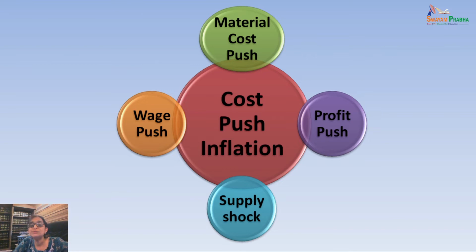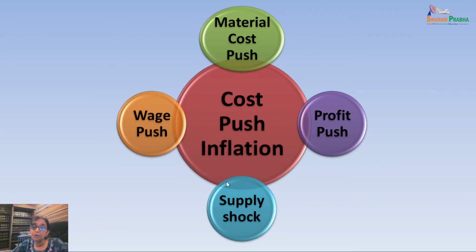So all these four factors can lead to cost push inflation, which is essentially from the producer side, unlike the demand pull factors, which were from the consumer side. So cost push inflation can be because of an increase in the input prices, because businessmen now start desiring higher profit margins, so it can be a profit push.